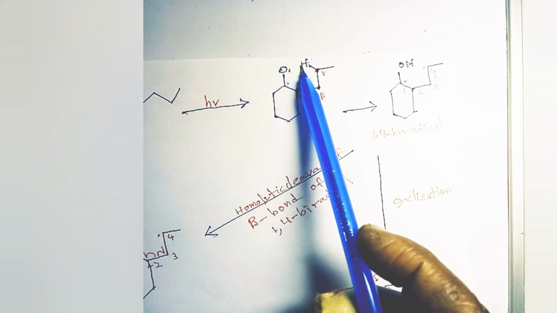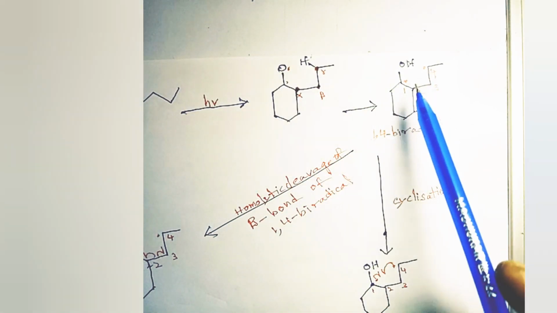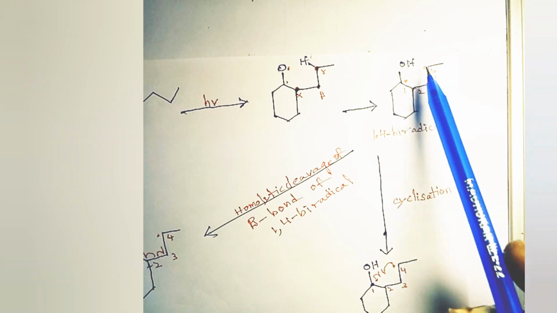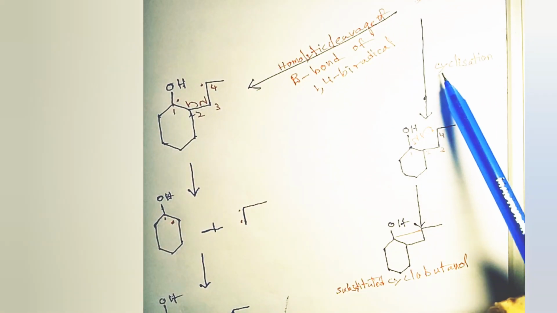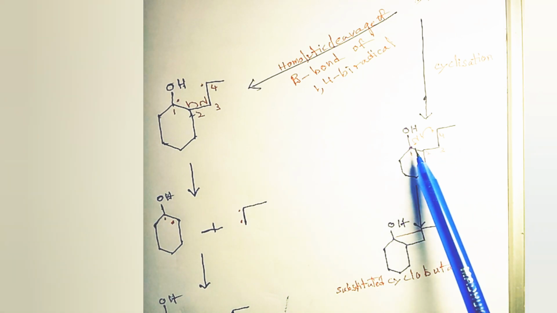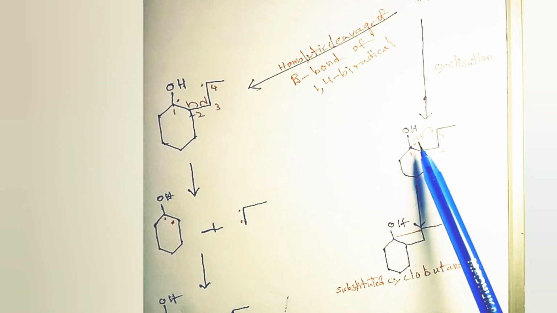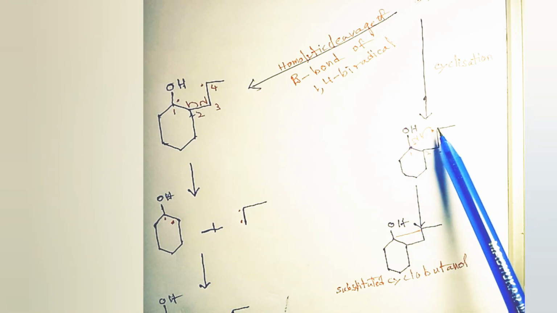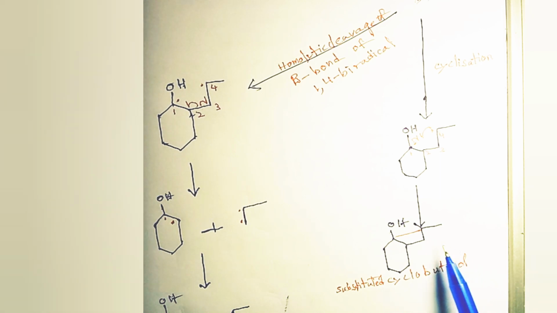So this hydrogen atom is abstracted by this oxygen to form a 1,4 biradical. Now this 1,4 biradical can undergo cyclization. Radicals present on the first carbon and the fourth carbon will join together to form a ring like this, a four-membered ring. This is a substituted cyclobutanol.